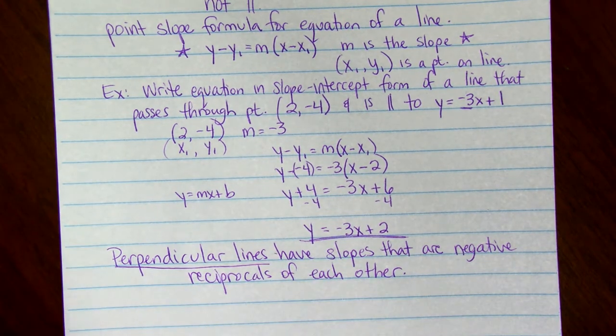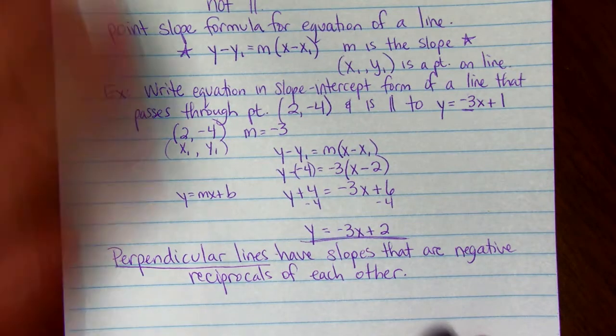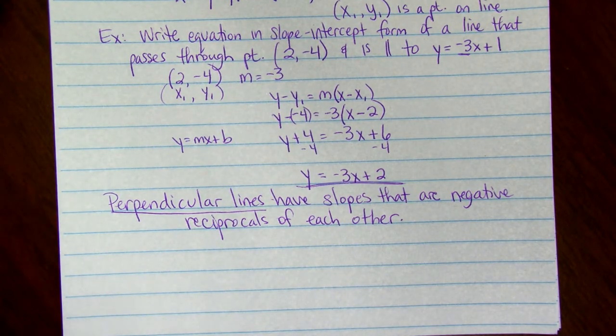Oh whoops, I forgot to underline parallel lines. If you multiply the slopes of two lines and you get negative 1, then they will be perpendicular.